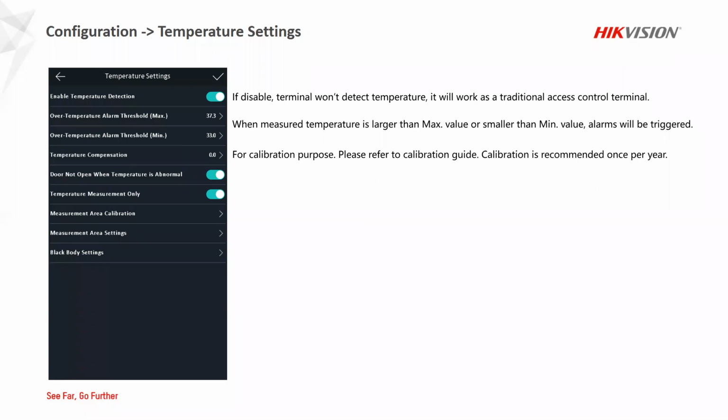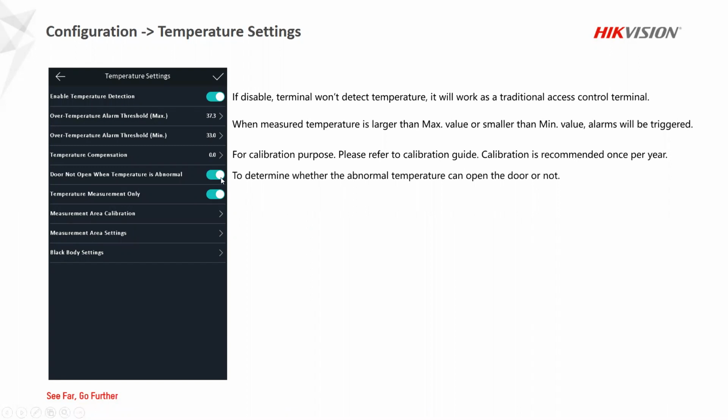We recommend to calibrate our product once per year. We also provide a calibration guide, which makes calibration quite easy. So you can refer to that calibration guide to decide what value you need to type in here for calibration. But for the first time, you don't need to set up.